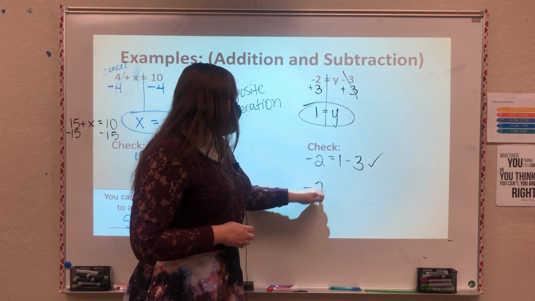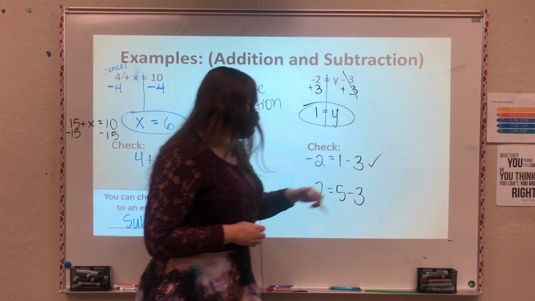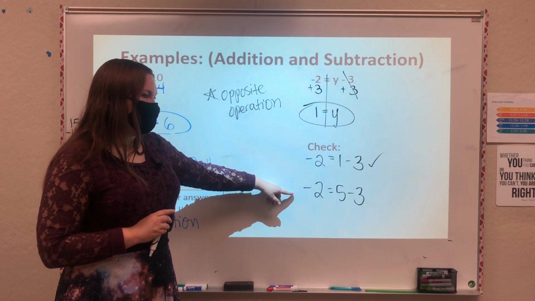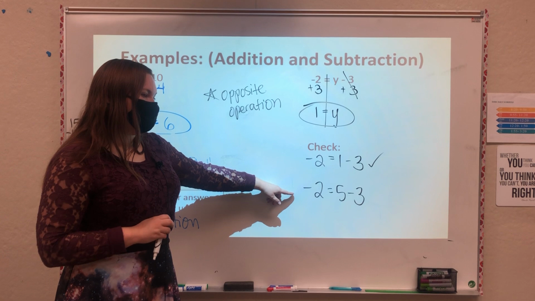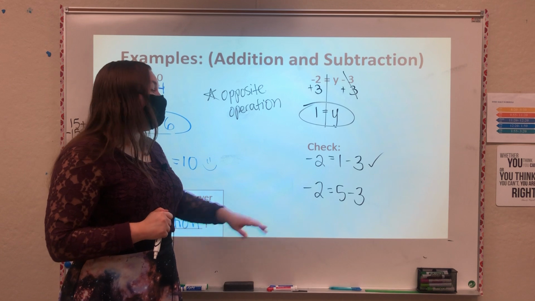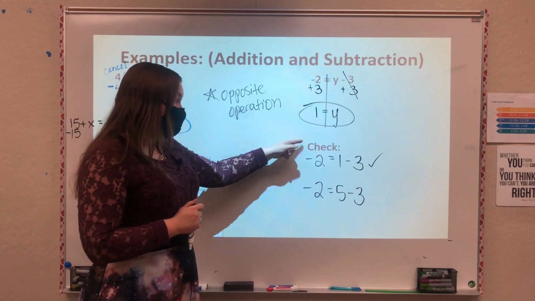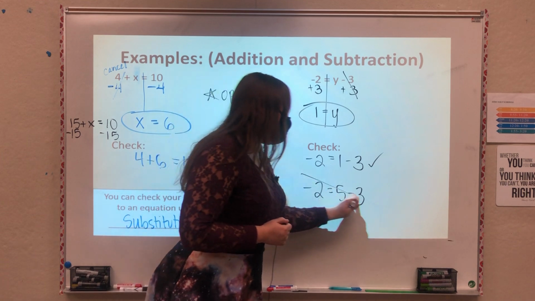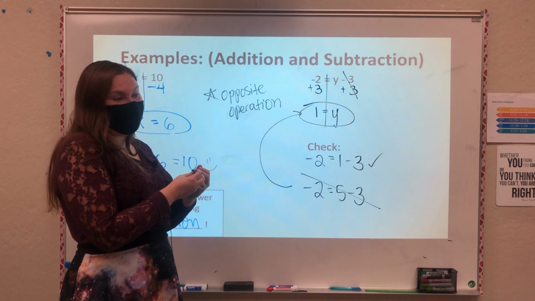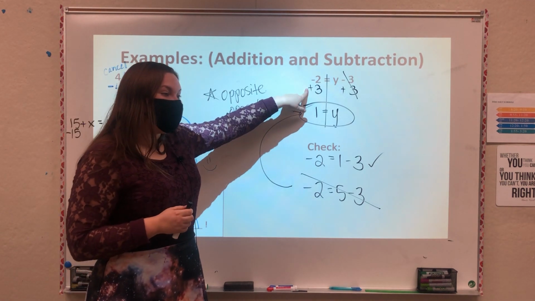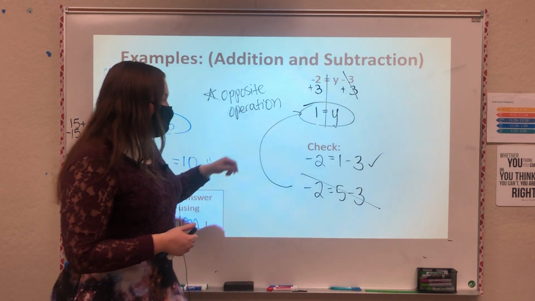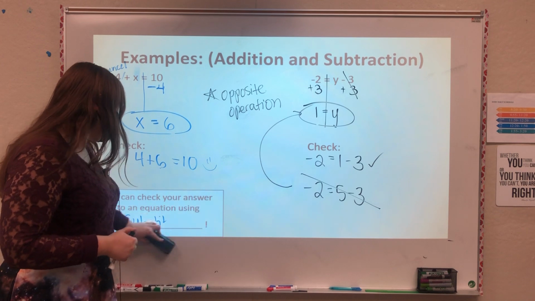If we had substituted and it looked like this, what does this tell me? It's wrong. Why is it wrong? It should be positive. Yeah. So it being wrong would tell us if we went to check and we got something like this where it's wrong, that would tell us we need to come back up here and see what we did to get the wrong answer. It could have been the wrong steps, could have just been the wrong math and we got the wrong number, but that check can help you know if your answer is correct or not.